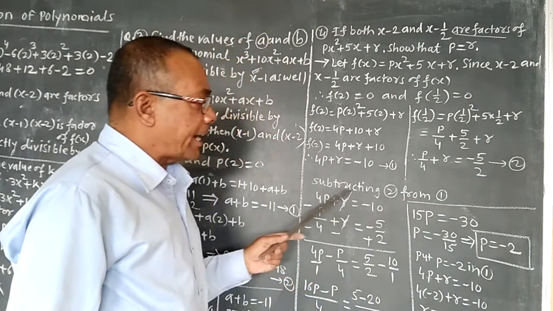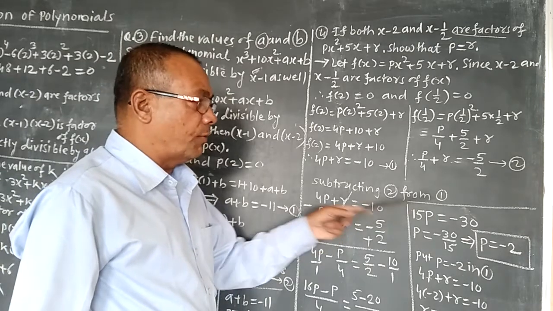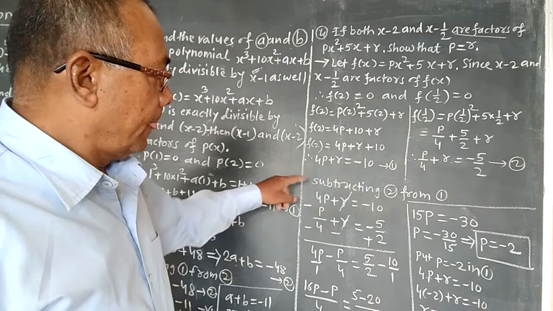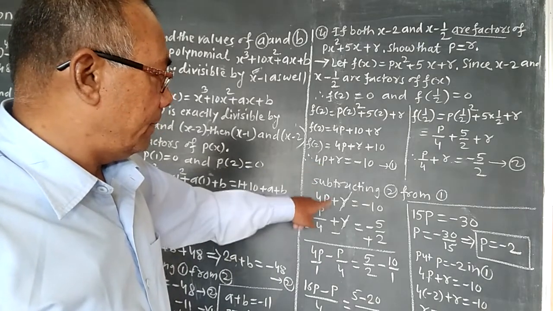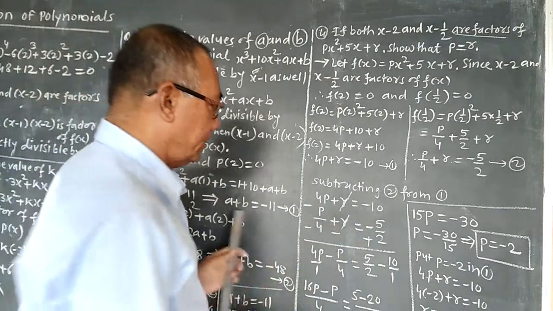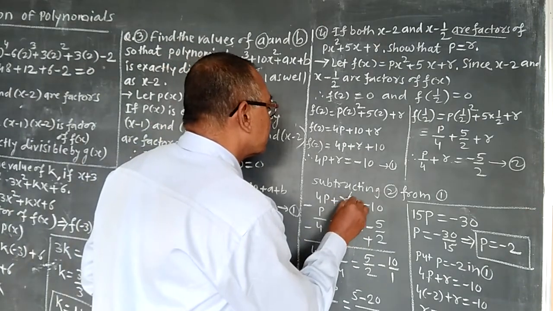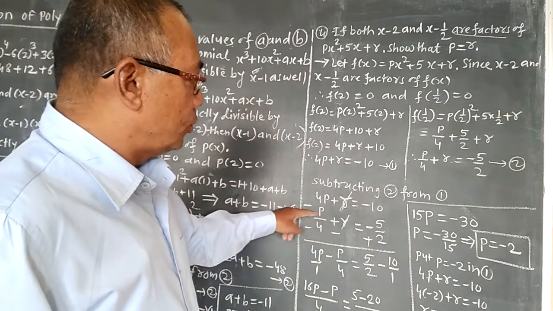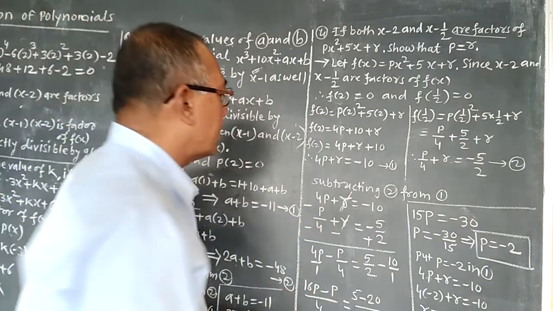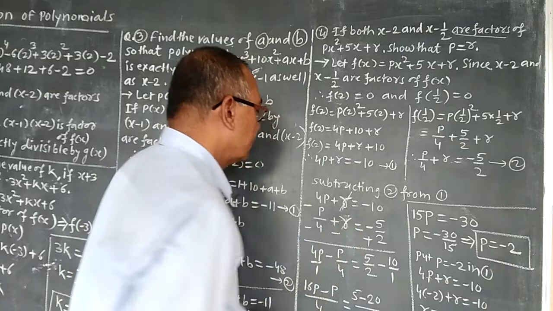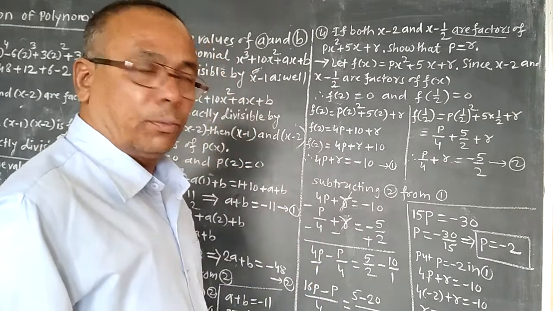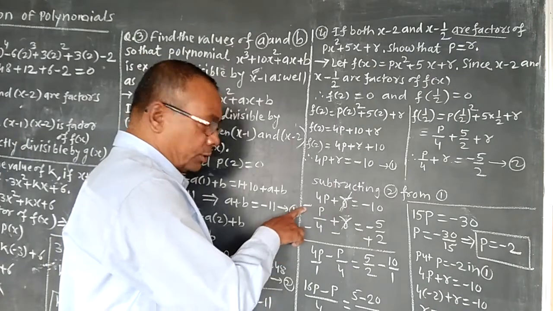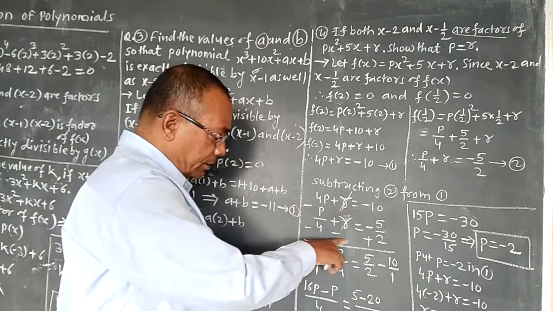Here subtracting equation 2 from 1: equation 1 is 4p plus r is equal to minus 10, and equation 2 is p upon 4 plus r is equal to minus 5 upon 2.